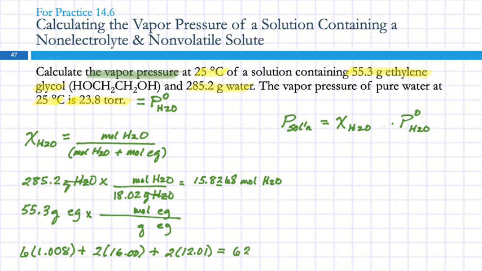So 62.07 grams. 1 mole of ethylene glycol is 62.07 grams.